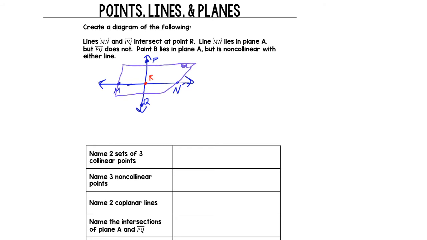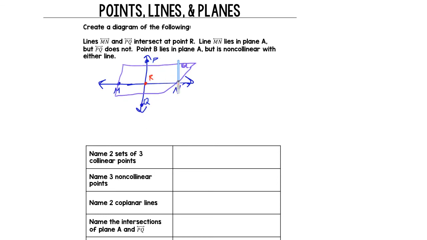So let's review what we have. MN and PQ intersect at R. And it says MN is in plane A and PQ is not. So imagine plane A is flat along MN and PQ is coming out of it, a little bit like you stick a pencil through a piece of paper.